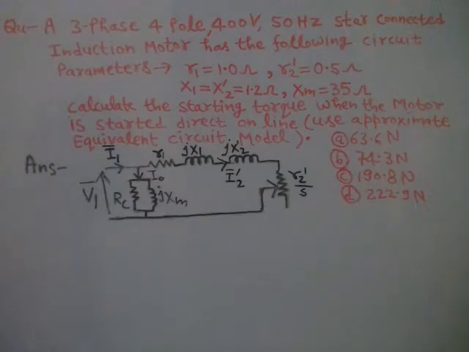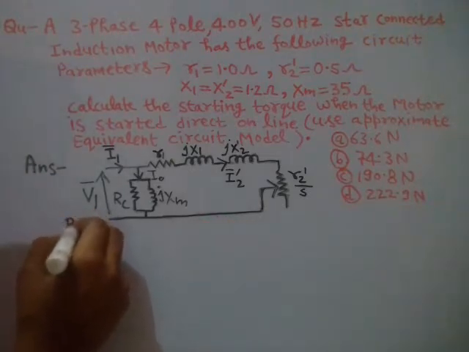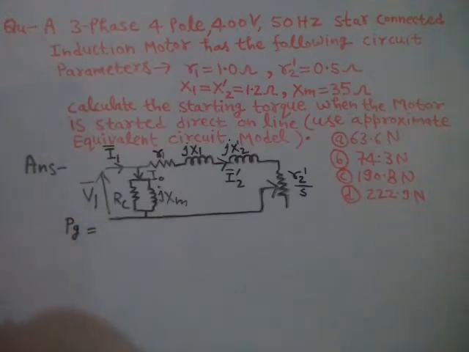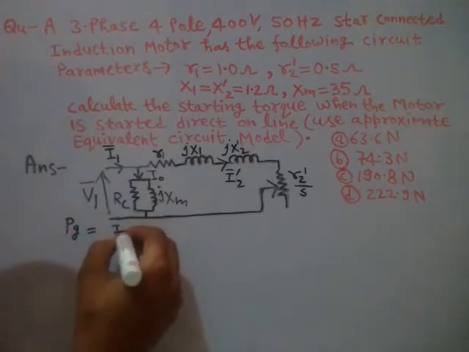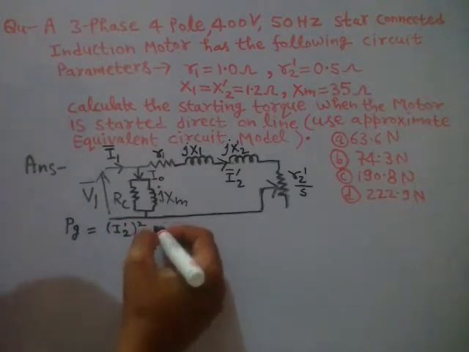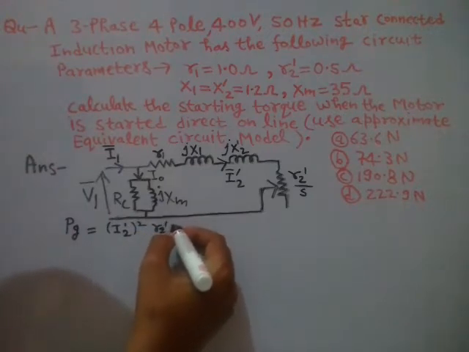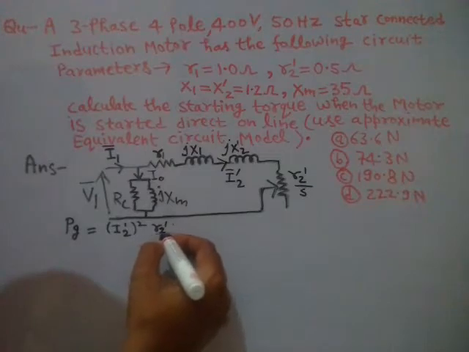For the calculation of the torque, you will have to first calculate the air gap power, that is the rotor input power, PG. PG, as we have derived, is equal to I2 dash square into rotor circuit resistance, that is R2 dash by S, right?